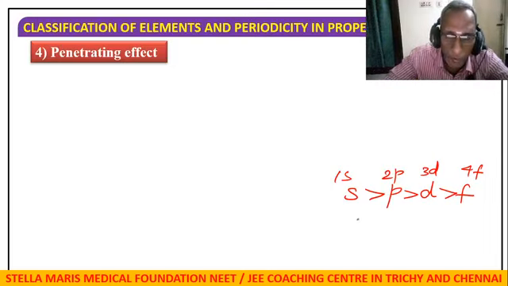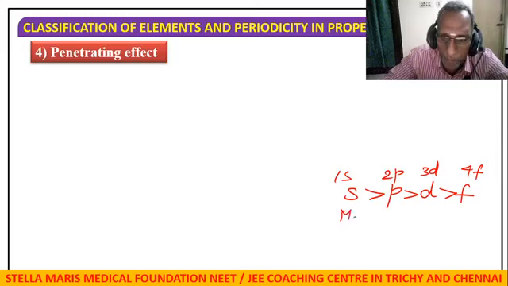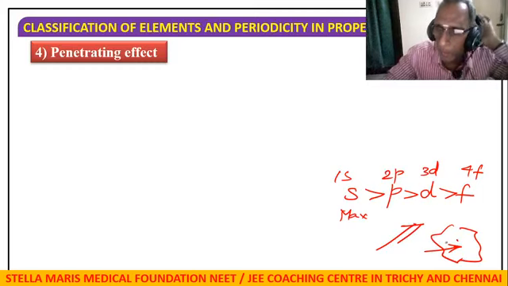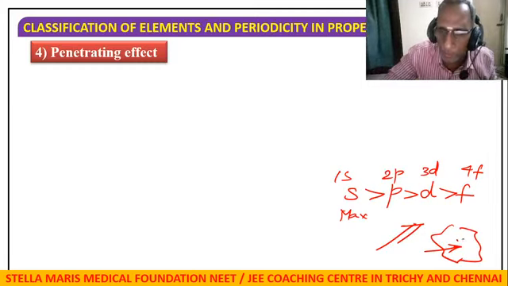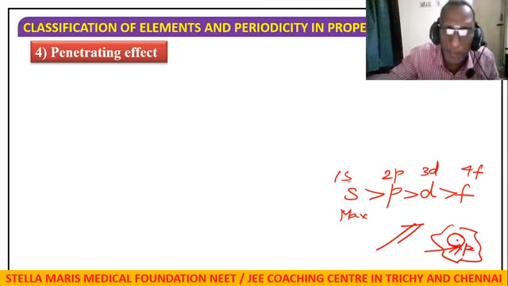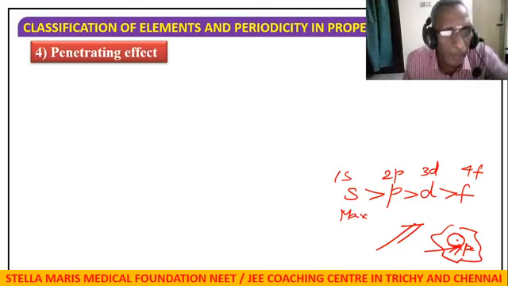So penetrating power is maximum for s. Penetrate means you have to go inside the system. When soldiers are arranged in a circular form like a lotus, it is very difficult to attack the central people. So penetrating effect is maximum for s orbital and decreases from s orbital to f orbital.